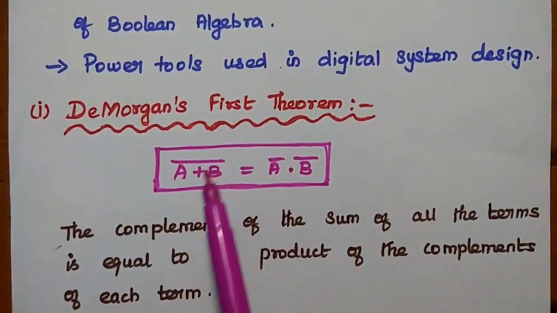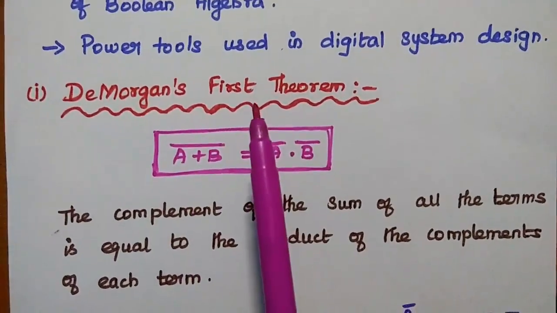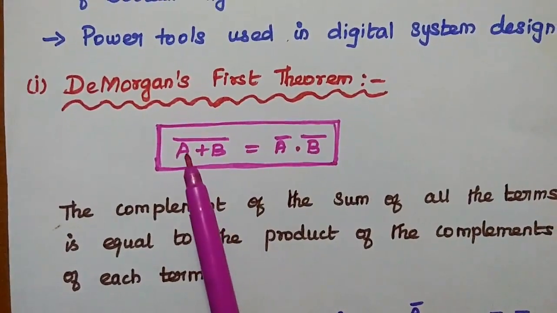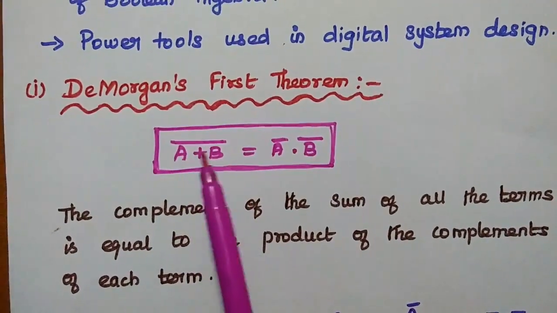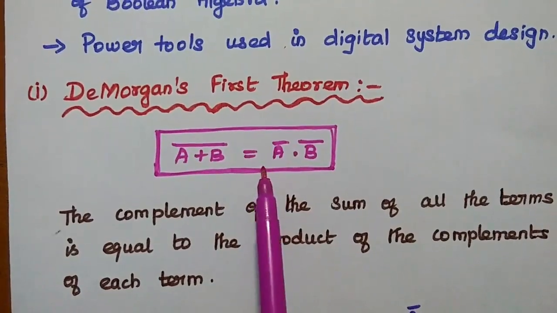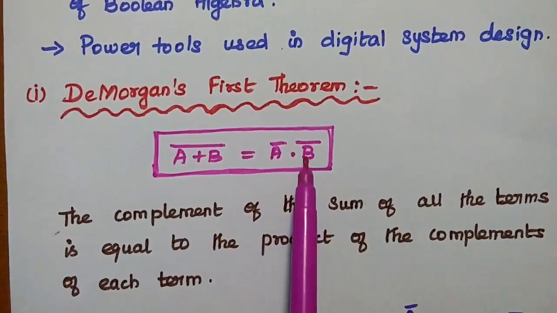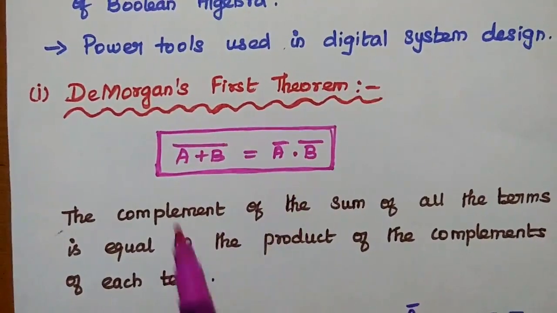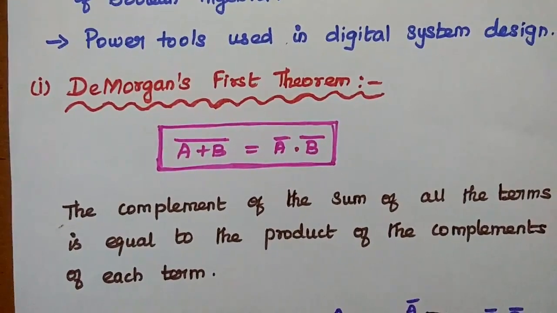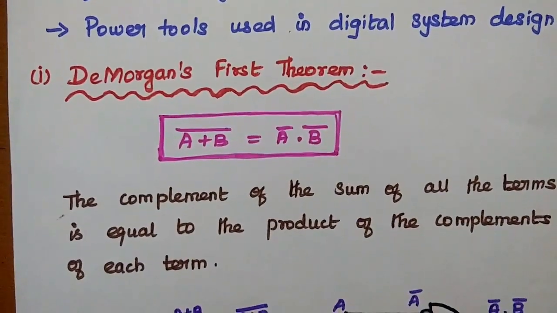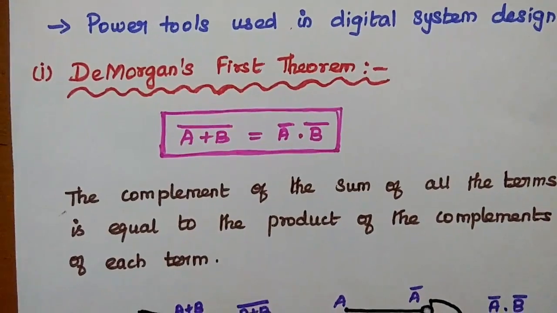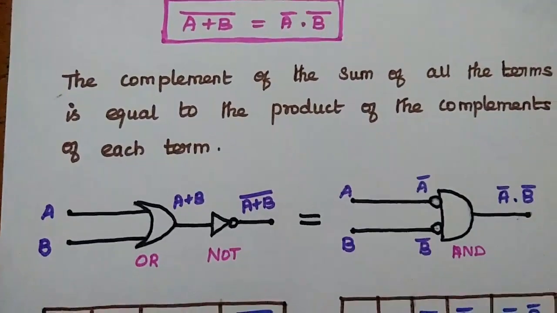Here bar represents the complement. So the first theorem states that the complement of the sum of the terms is equal to the product of the complements of each term. We are going to express this as a diagrammatic representation like this.